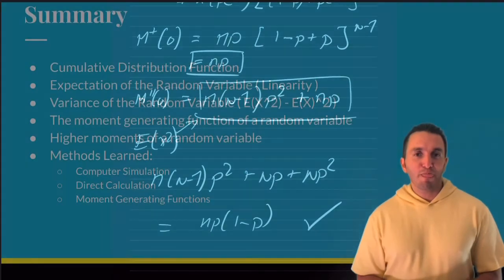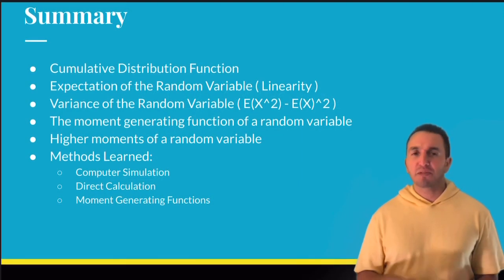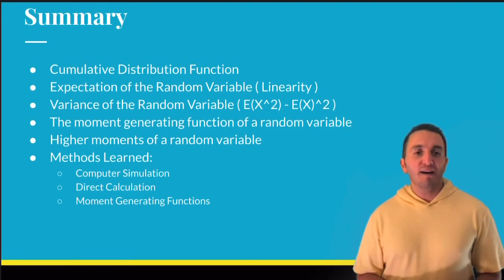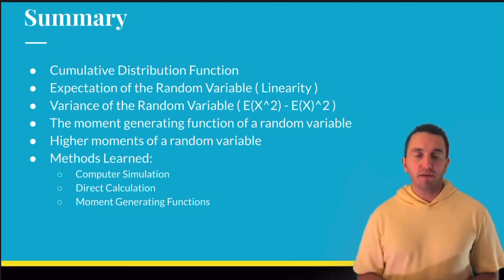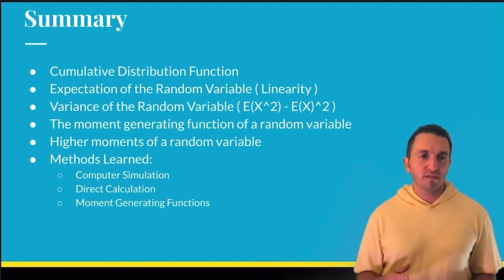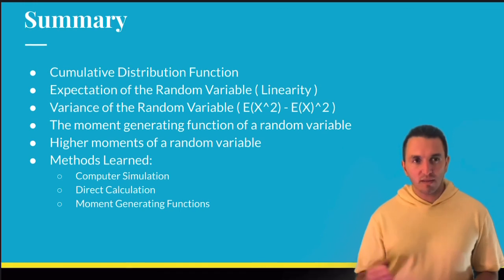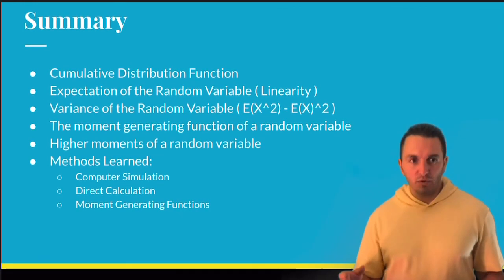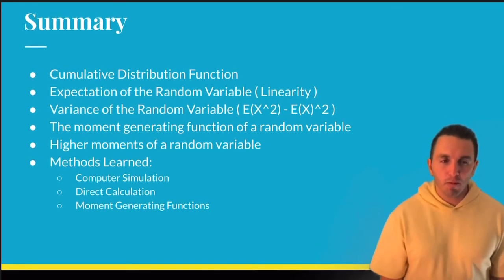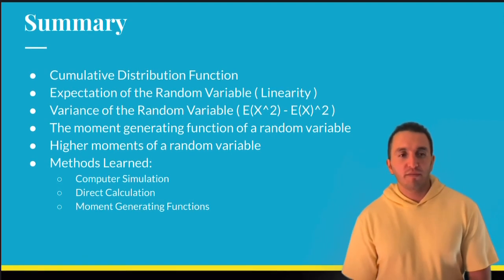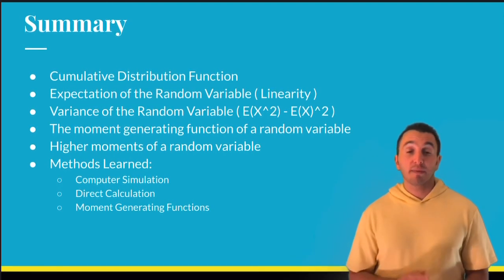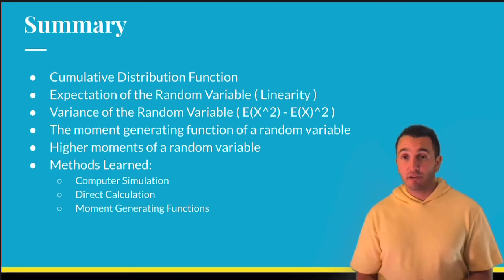So, we've done a lot of work now. We're starting to get good at this, hopefully. We're going to review the topics, and of course the homework for this lecture is included in the homework section of the folder. So to summarize what we learned about the cumulative distribution function. We learned about the expectation of a random variable. It's linear, that's important.